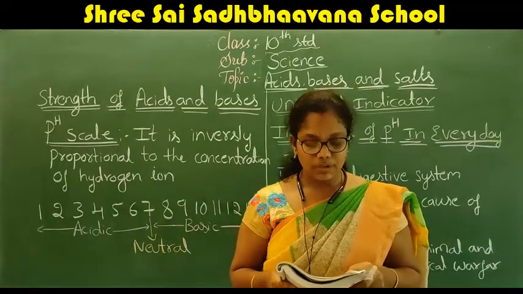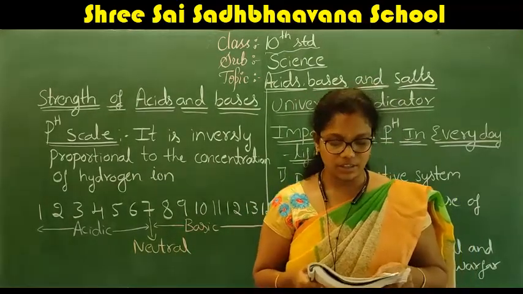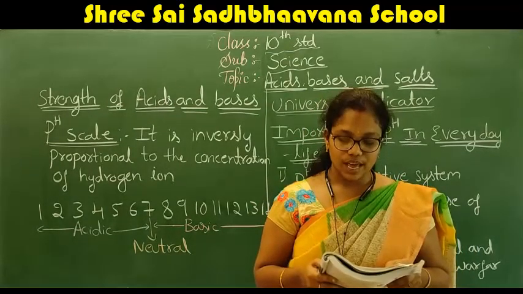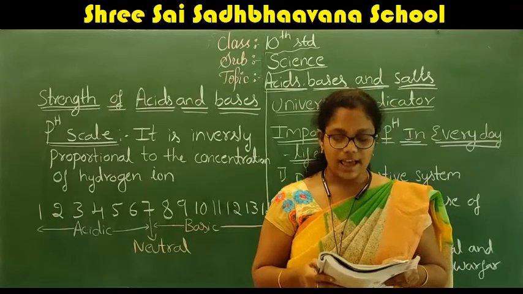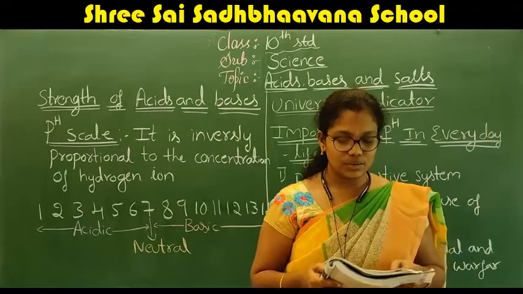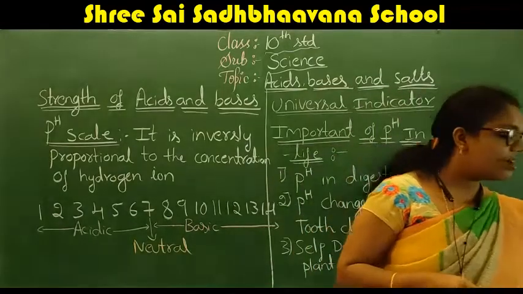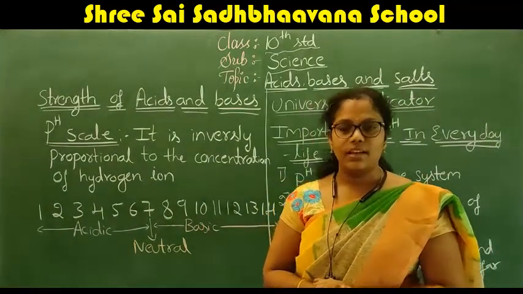Next, sodium carbonate is used as washing soda and for softening hard water. Last, sodium hydrogen carbonate is used as baking soda in cooking food, for making baking powders, as an antacid to cure indigestion, and in soda acid fire extinguishers. These are some of the uses of the bases.